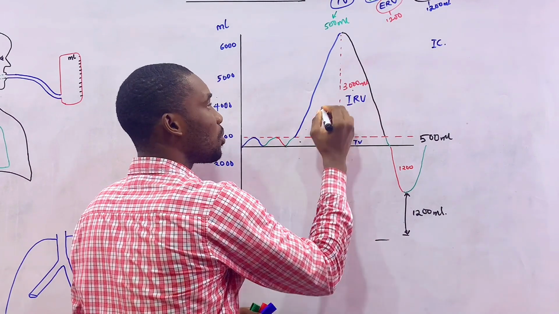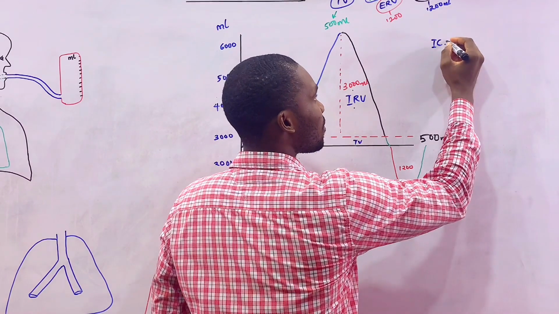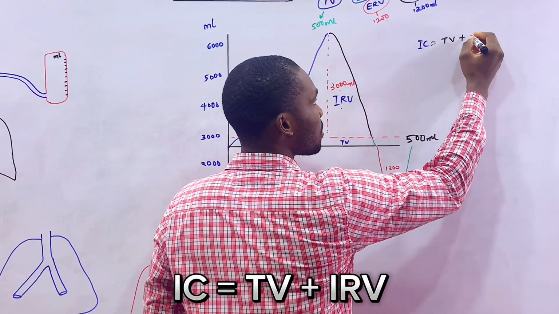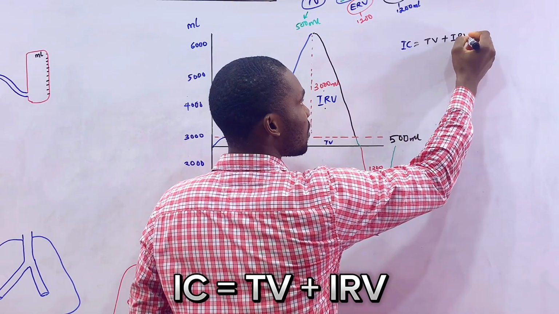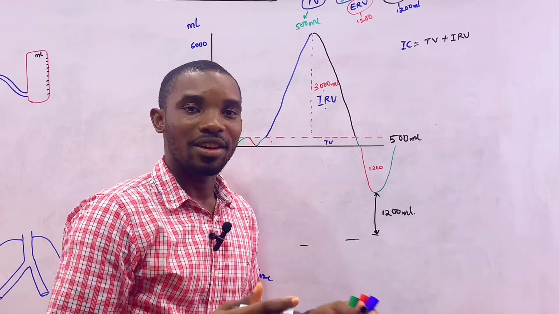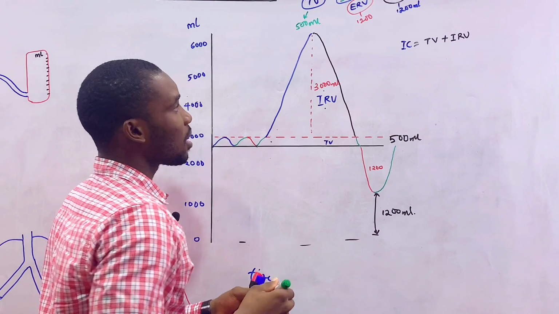That's your tidal volume plus inspiratory reserve volume, which is the inspiratory capacity. Don't worry, I'll show you a trick which you can use to get these capacities.